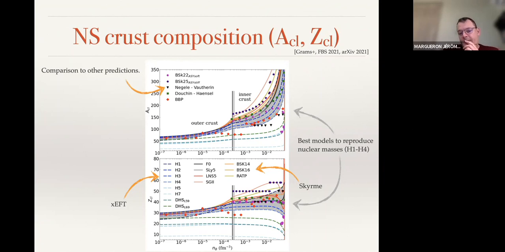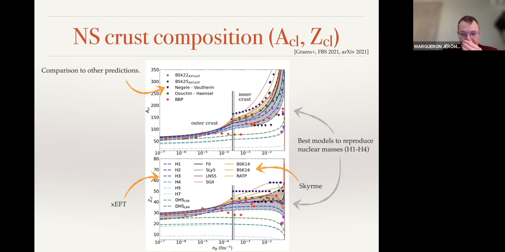One of the reasons I could say that is in this comparison, there are at least 3 calculations which included this shell effect. These are the Nagel-Vautrin, the black triangle pointing down, as well as the purple, the BSK22 and the BSK25.